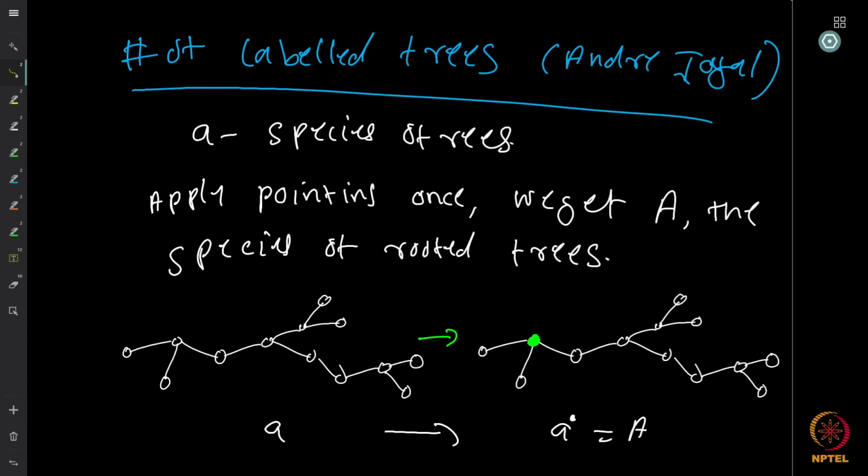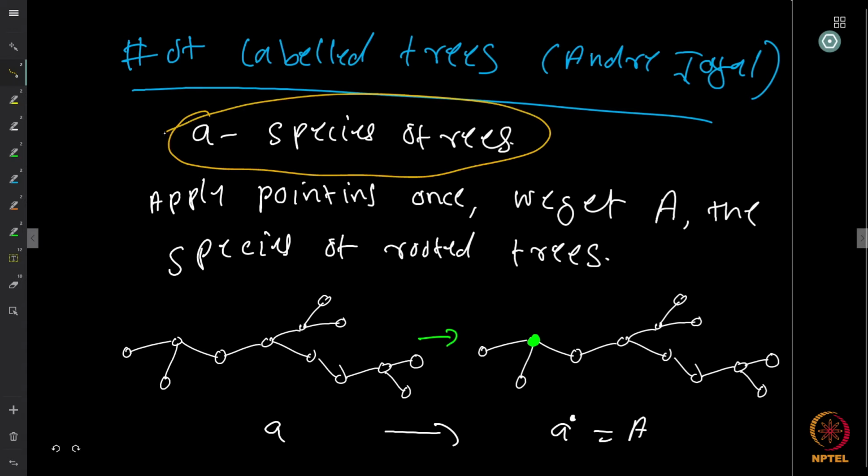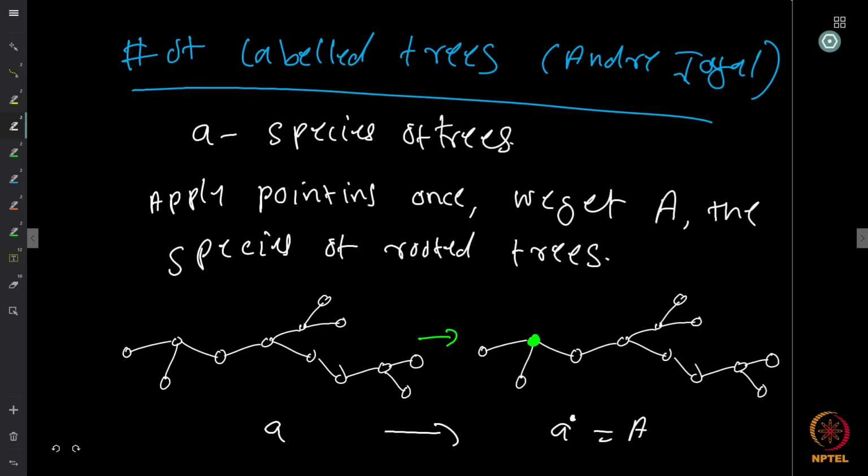Okay, so we have A as the species of trees. Then what we do is that we take the species of trees and apply pointing once. Once we apply pointing to the species of trees, we will get the species of rooted trees. We already saw that if you take a tree and point to one element, you will get a rooted tree.